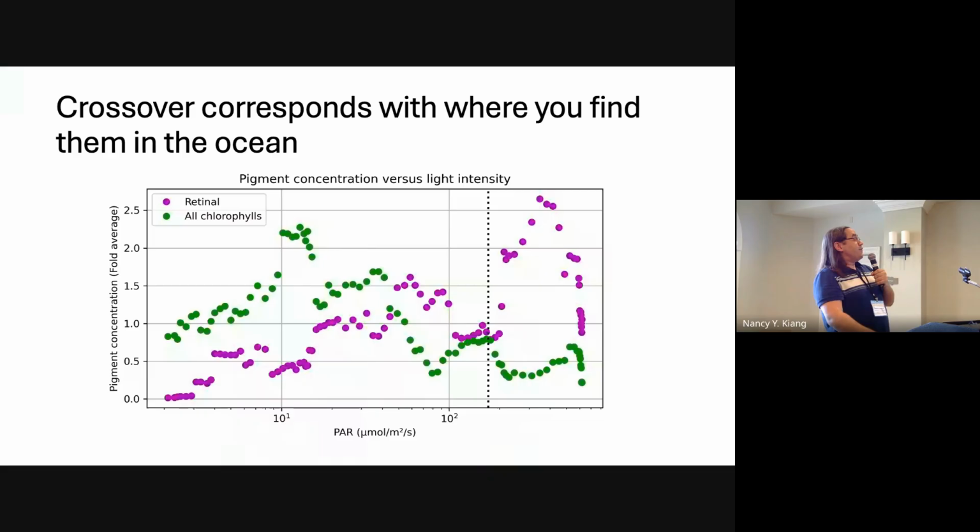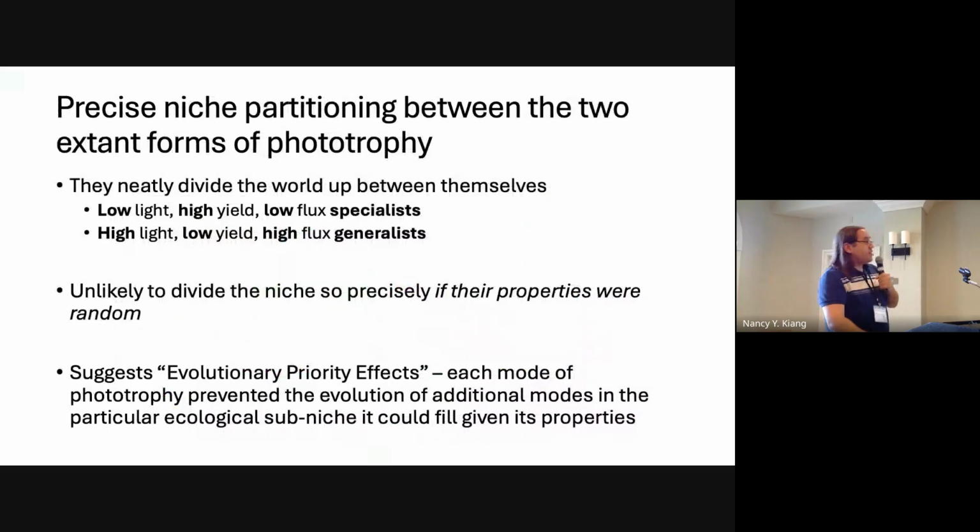And that crossover point corresponds nicely to some data about where you find chlorophyll versus retinal in the ocean at different light levels. At the high light levels above that crossover point, you've got lots of retinal, and below it you get lots of chlorophyll. So there's this really nice niche partitioning between them, where they are dividing the world between them in ways I'll gloss over a little bit for now.